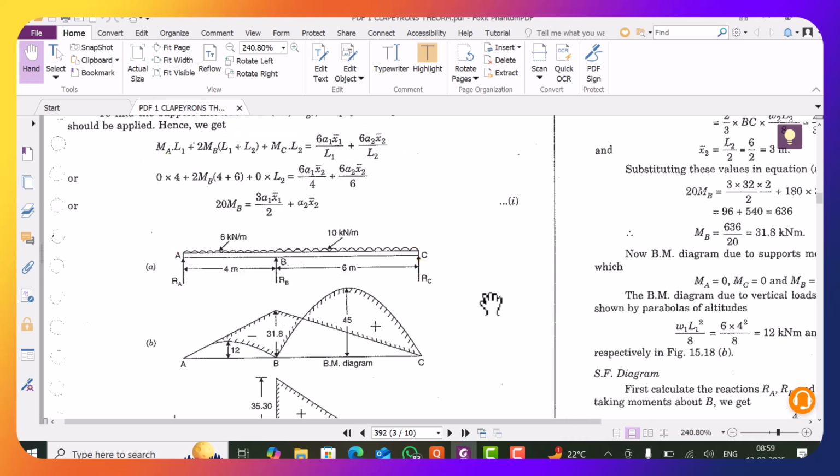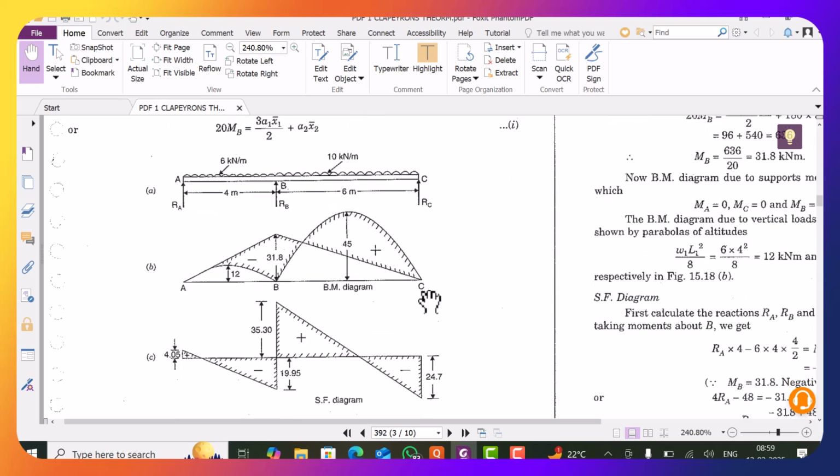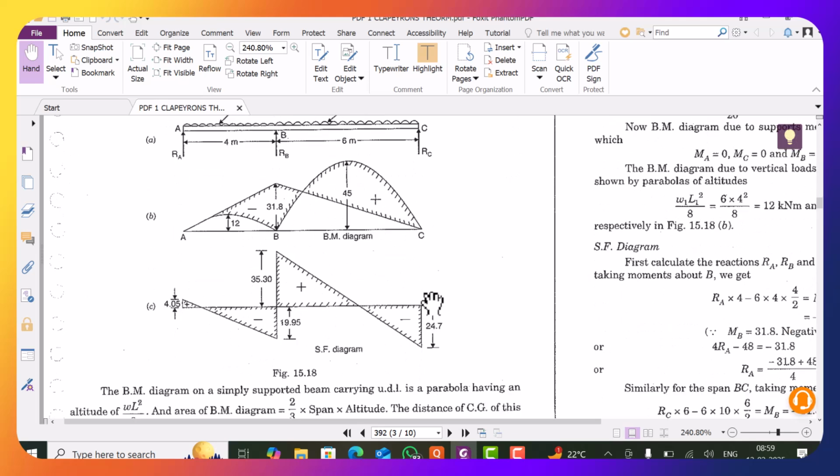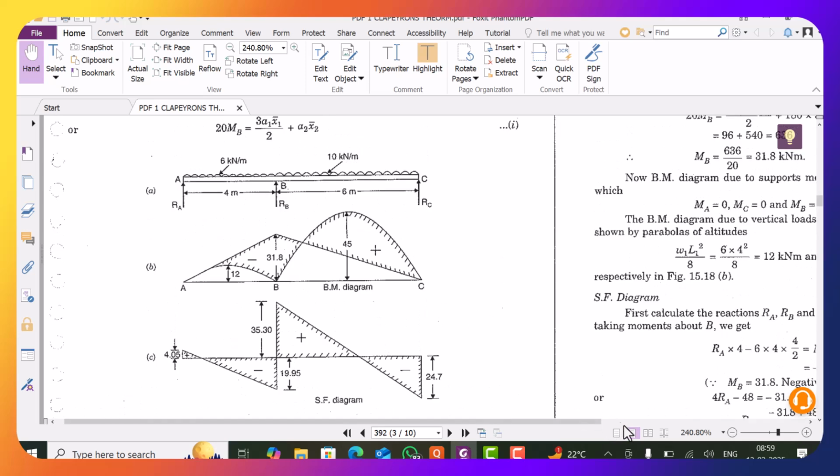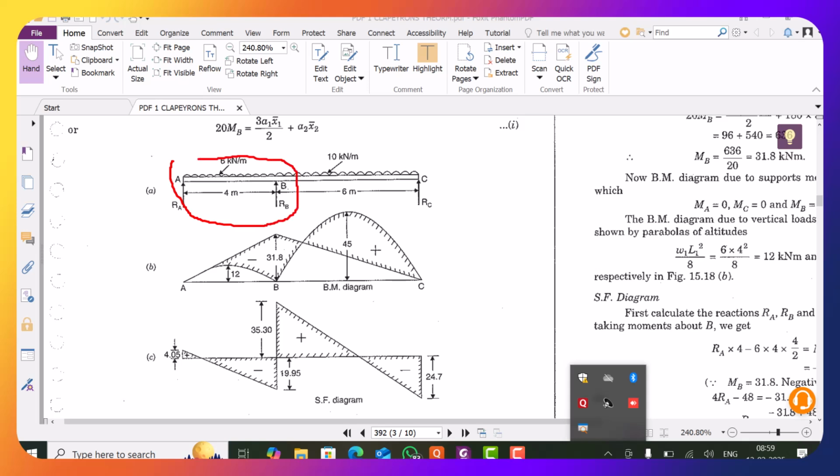Now, the first step to analyze by this method is to plot the simply supported bending moment diagrams. Consider this first span AB. The 6 kilonewton per meter is a uniformly distributed load acting on span AB, and the length of the span AB is 4 meters.